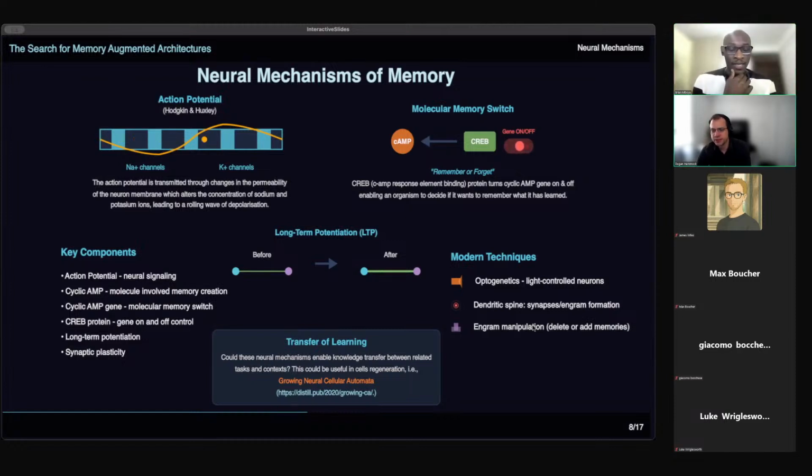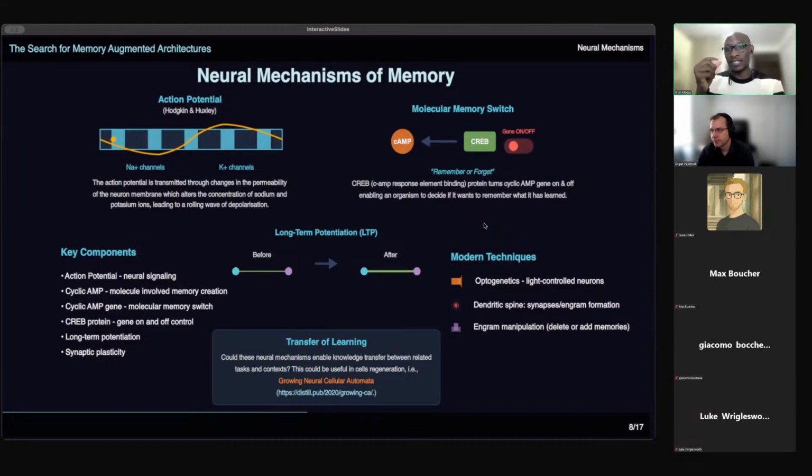Now, that's interesting. So there's this CREB protein, and you can activate it or deactivate it, to turn memory creation on or off, or turn specific memories on or off. Yes, so CREB protein controls the gene. It's a gene control system.